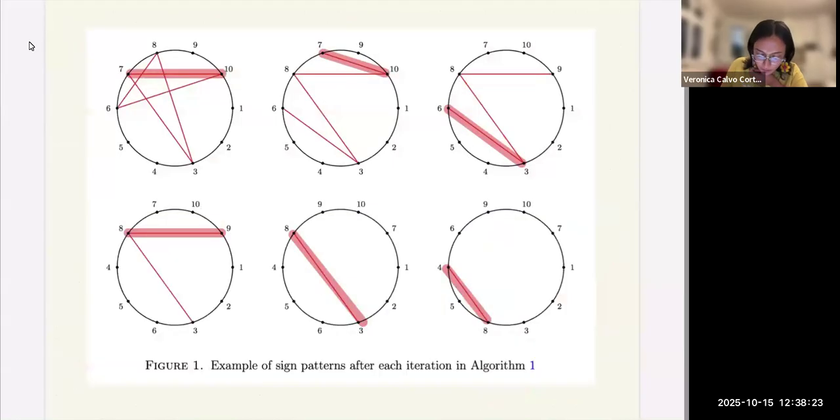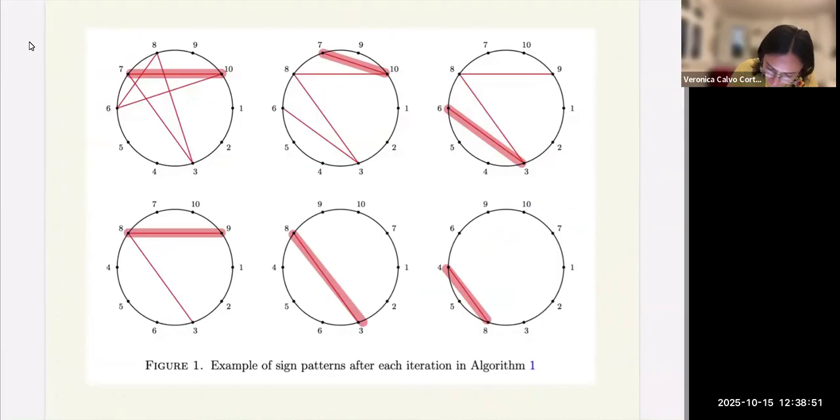So now I want to show you how this works in an example, because I think it's the easiest way to do it. If we consider a tangon, and here the red chords are the negative chords, this will be our sign pattern. This is consistent. And now I want to start applying the algorithm.